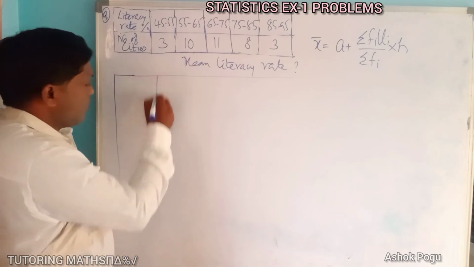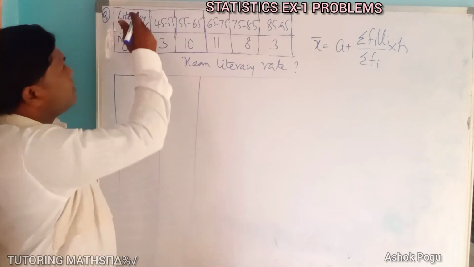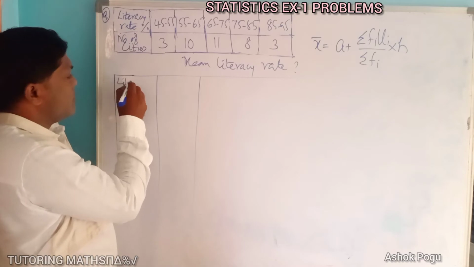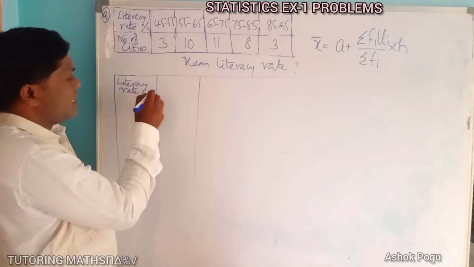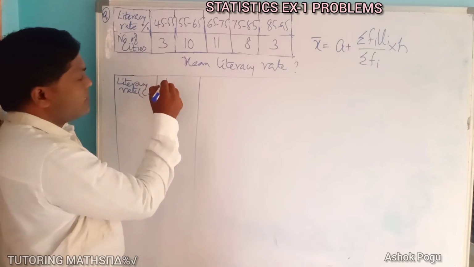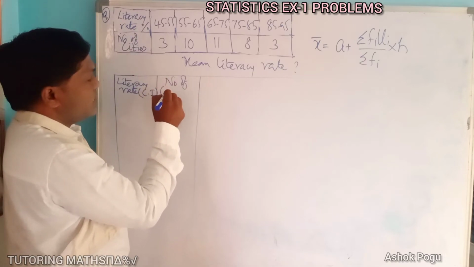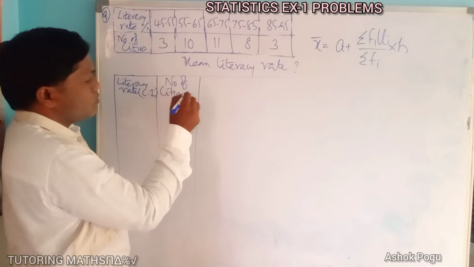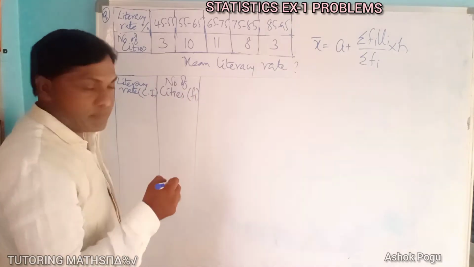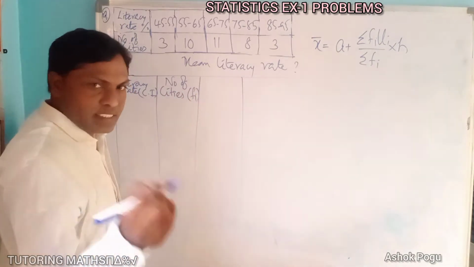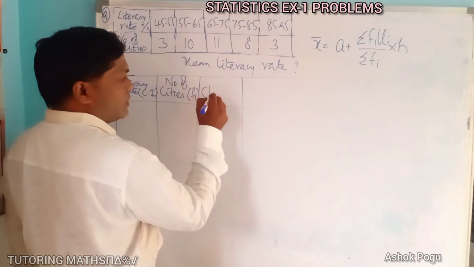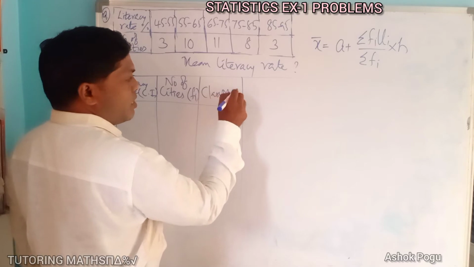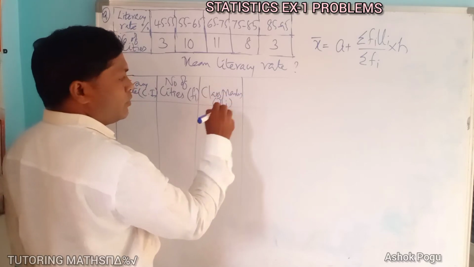First of all, the first column is literacy rate. Yes, literacy rate. This is also called class interval. And next column, number of cities. This is also called frequency. And you know that the next one is class marks. That is, class marks are mid values.